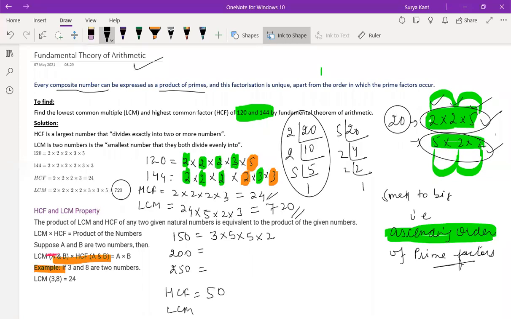Okay, LCM is... Just a minute, sir, I'm finding the LCM. For 200 we can write here 2 into 5 into 10 into 20. 2 2s are 4, 4 5s are 20. Then for 250, what can we write? 25, 5 5s are 25, into 2 into 5. So what is common?